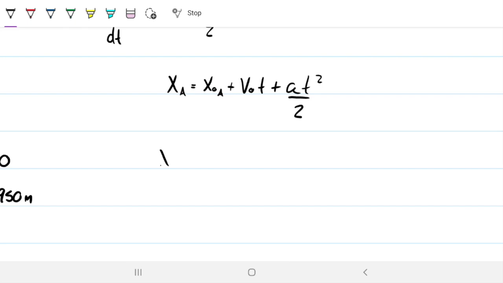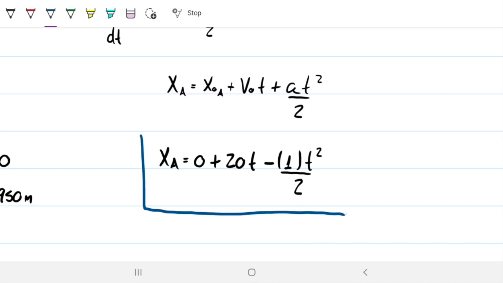So the general equation for the position of A is 0 plus, what is the velocity of A? 20 meters per second times negative 1, right? Because the acceleration is contrary to the growing of x, to the positive direction of x, t squared over 2. Okay, so this is the general equation that describes the position of vector x at any given time.